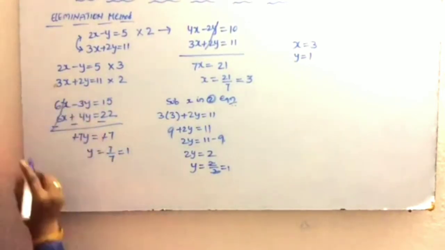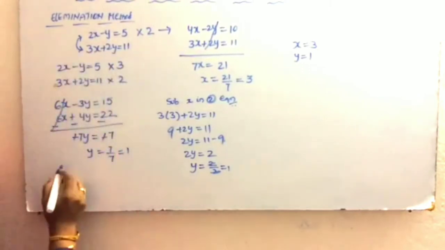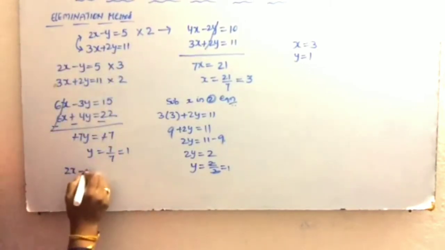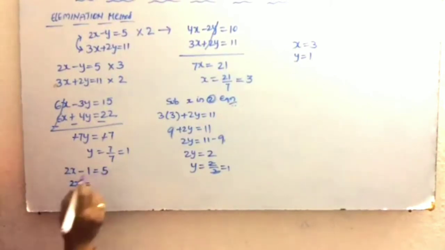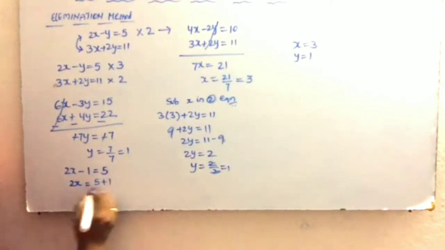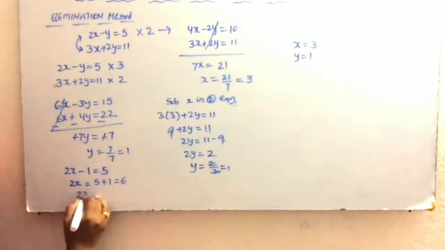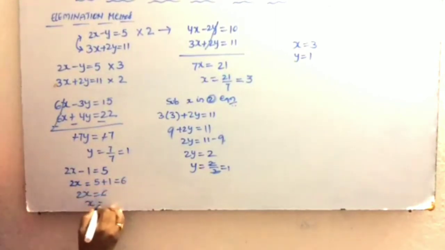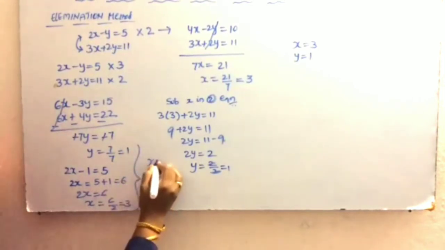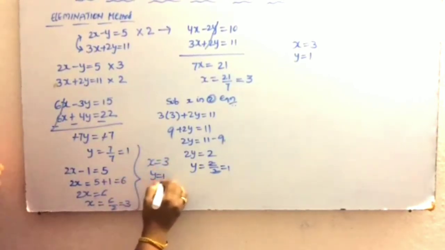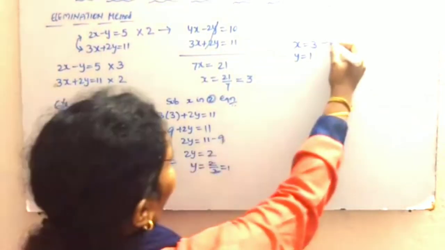And substitute the value of y in any of these two equations. So 2x minus 1 equal to 5. That means 2x equal to 5 plus 1, so that equals 6. 2x equal to 6, x equal to 6 by 2, that means 3. Here also the values of x equal to 3 and y equal to 1. These are the same.